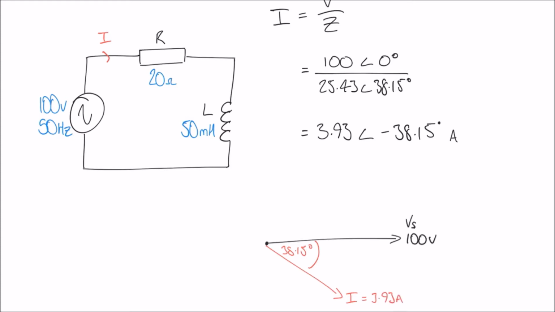So there we have a very simple phasor diagram which explains what's going on in this circuit. We have one voltage, we have one current, and the current lags the supply voltage by 38.15 degrees.